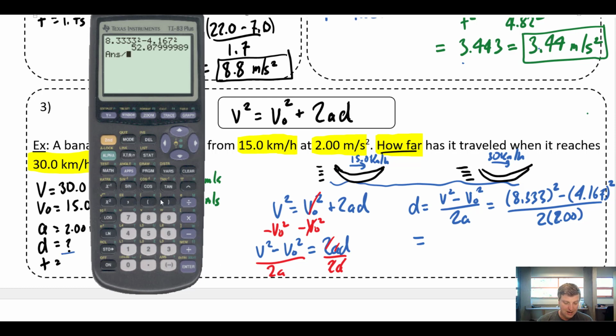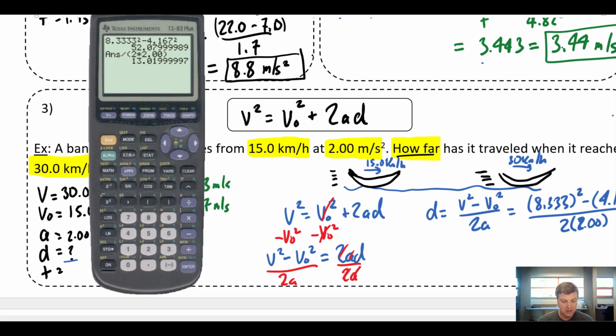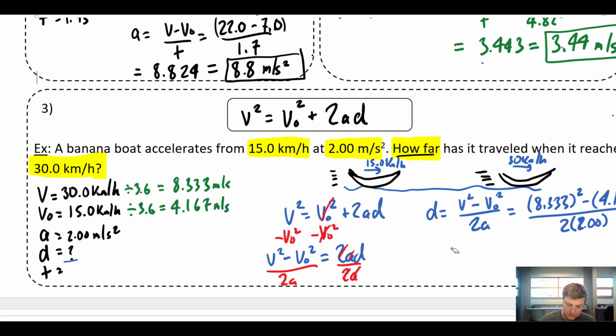I'm now going to divide it by, and here's why I have to be careful with brackets, 2 times 2.00, and then I get my answer, which is 13.02, which rounds off to 13.0, and I was looking for displacement, so the units are meters. And that's my final answer.